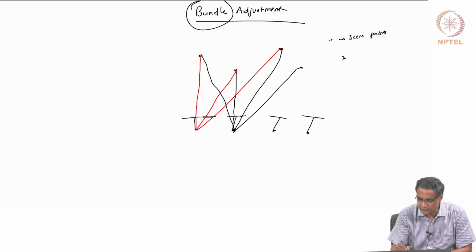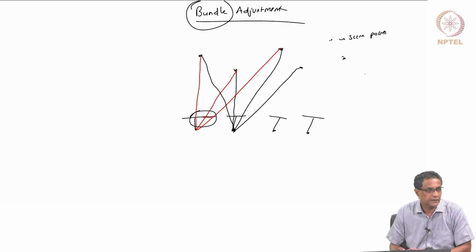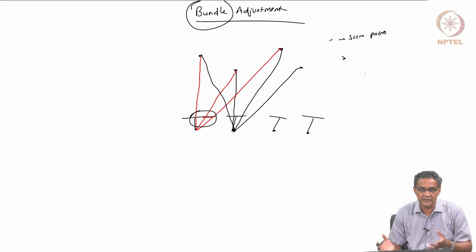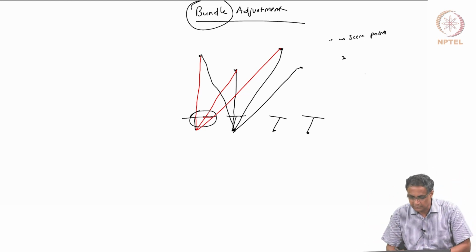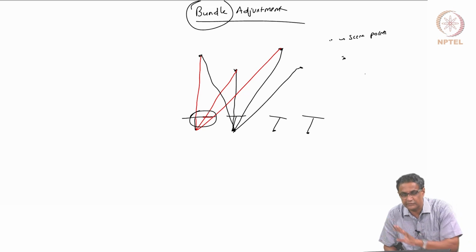Now, if you look at the image plane of any camera, you see that a bundle of rays is coming and impinging on it, depending upon the number of scene points you have. And of course, you have a whole image. It's not simply these points from where the rays are coming. There is everything out there. But we know that we have correspondences only for these points that we have shown there.